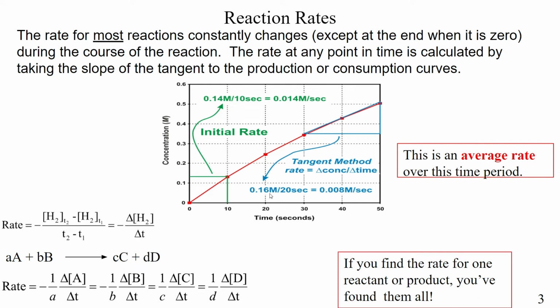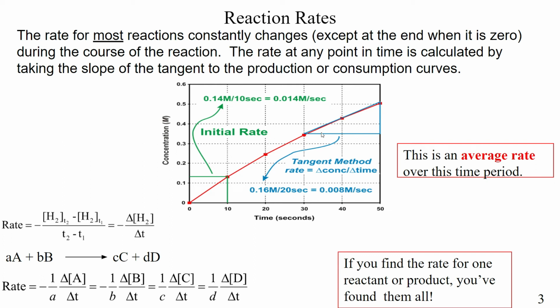Then my time here, for 20 seconds, is going to be 50 seconds. Look at the axis. Always look at your axis. So 50 seconds minus 30 seconds gives me 20 seconds. That's where the 20 comes from. Once we figure out our concentration and our time, we just have to divide to find the rate. In this case, it's going to be 0.008 molar per second for this time frame.